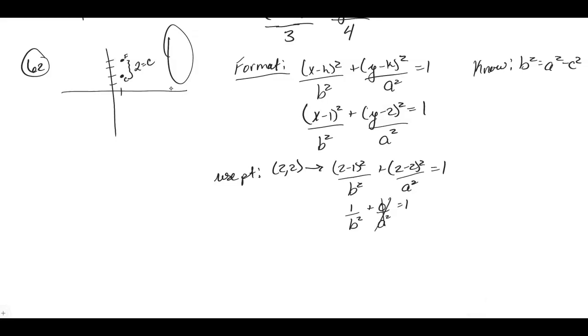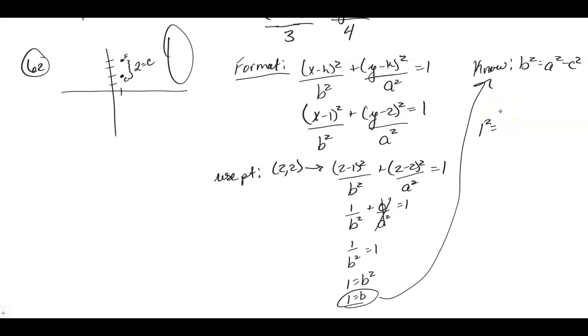Well, 0 over a squared is just 0. So we will have 1 over b squared is equal to 1. So 1 equals b squared. And if I take the square root, I'm going to get 1. Remember, technically you have a plus or minus 1, but b is a distance, so we're just going to go with 1 there.